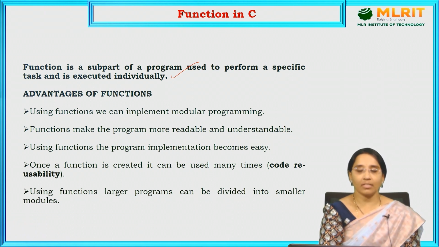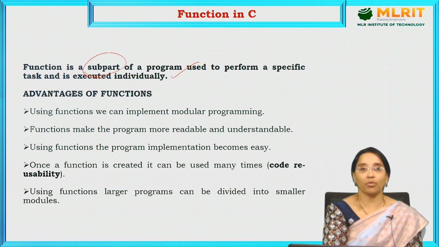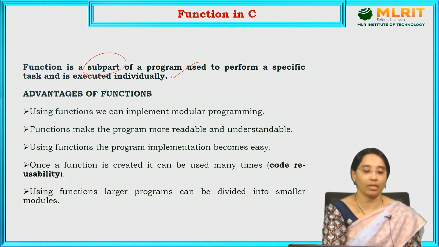While discussing the structure of a C program, we saw the documentation section, link section, definition section, global declaration section, main section, and the last section is the subprogram section. The subprogram section is all about the user defined functions.